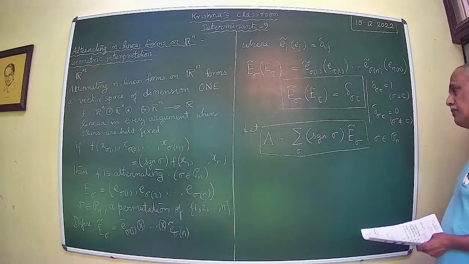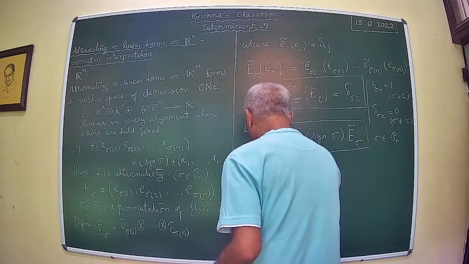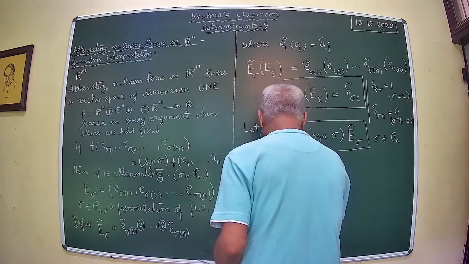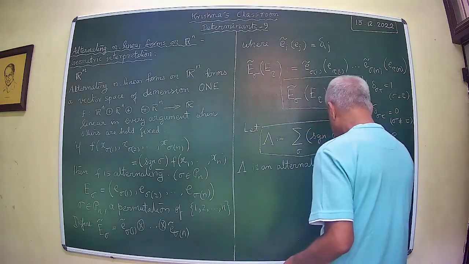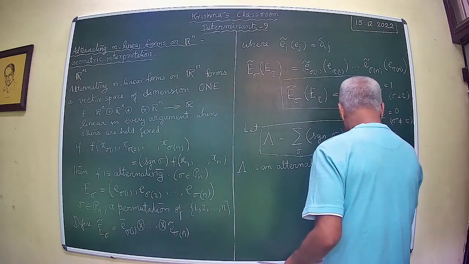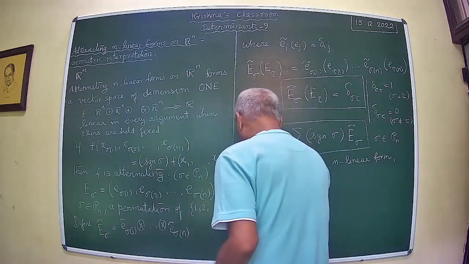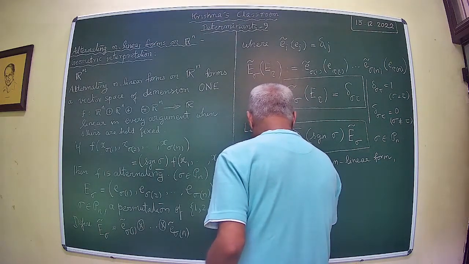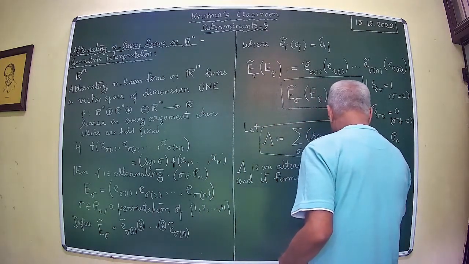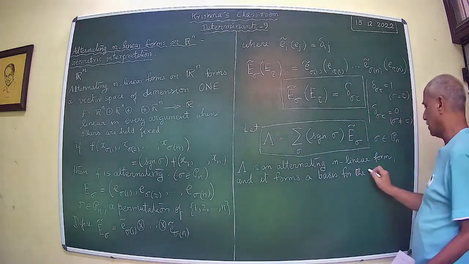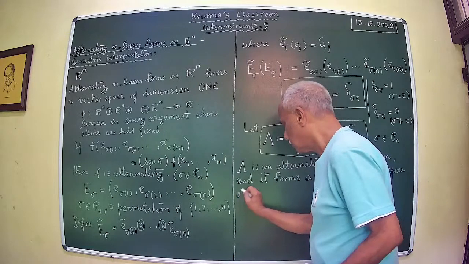Now you can easily verify that lambda is an alternating n-linear form, all this we have written, and it forms a basis for the vector space of alternating n-linear forms.